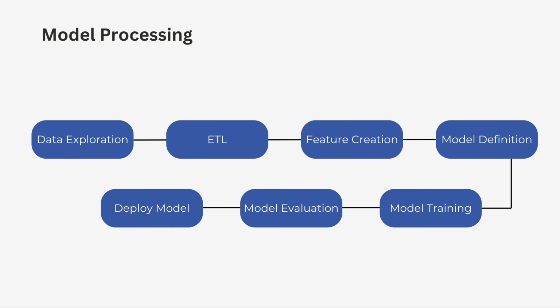For model processing and architectural decision, we start with data exploration, then ETL and feature creation, like checking missing values and one hot encoding. Then model definition by determining the model performance indicator and selecting an algorithm to train.